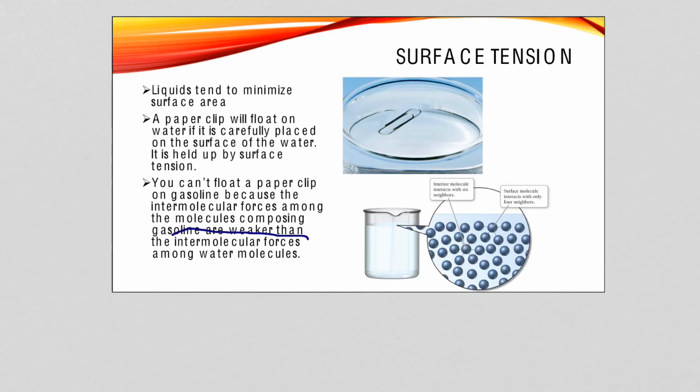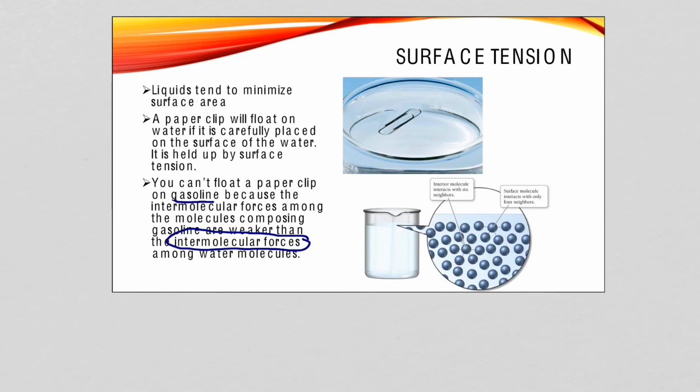Water has reasonably strong intermolecular forces for a liquid, and therefore has a relatively high surface tension, whereas gasoline has a really low surface tension because it has weaker intermolecular forces. So you'll never be able to get a paper clip like this to float on gasoline because the surface tension is too weak. So this is surface tension, one of the manifestations we see of intermolecular forces in liquids.